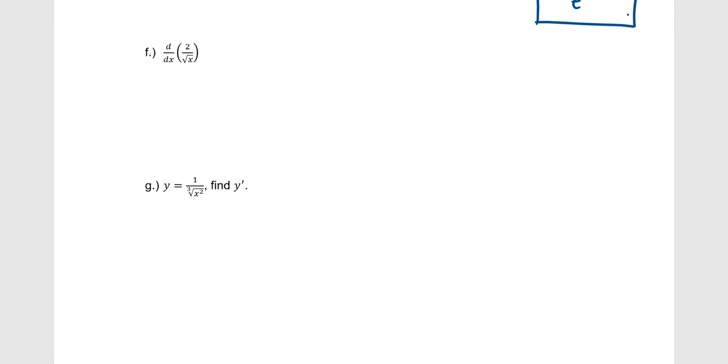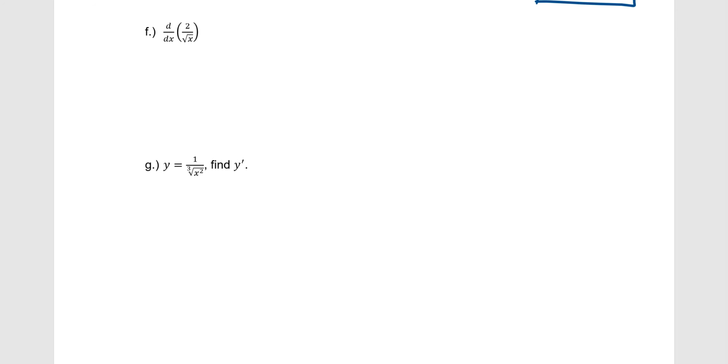And 2 more for this one. We have d/dx of 2 over the square root of x. Just like before, we need to rewrite this as a power function. The square root of x we know is an exponent of 1/2. So instead of having x to the 1/2 in the denominator, we make it x to the negative 1/2 in the numerator.